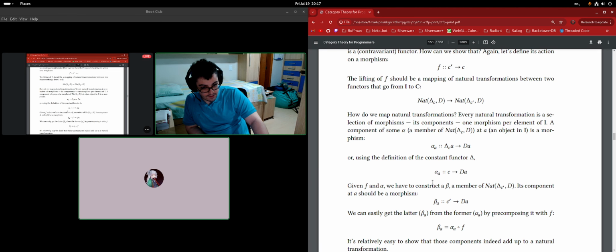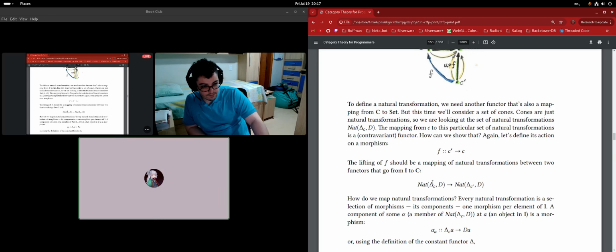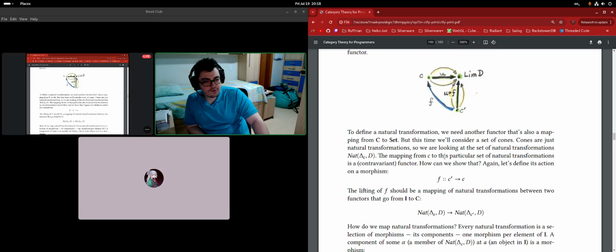Yeah, we have been consistently using little c to refer to the top of a cone, and we're using c prime to refer to the top of a different cone. But I see. And why do we want to map the apexes of the cones in this particular case? Oh, no, no, no. This is not the apexes of the cones.